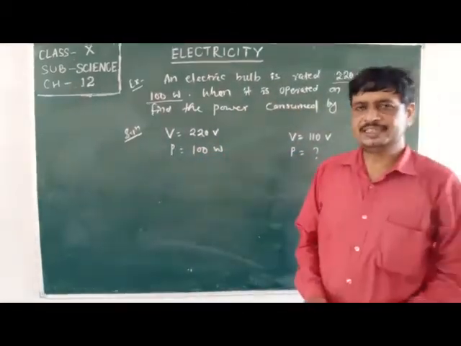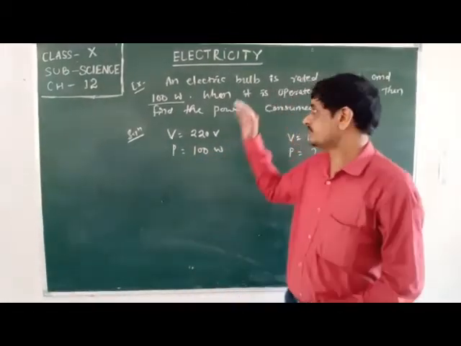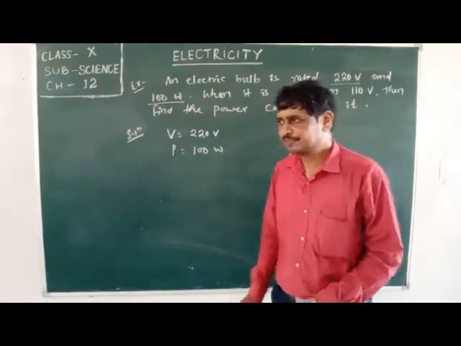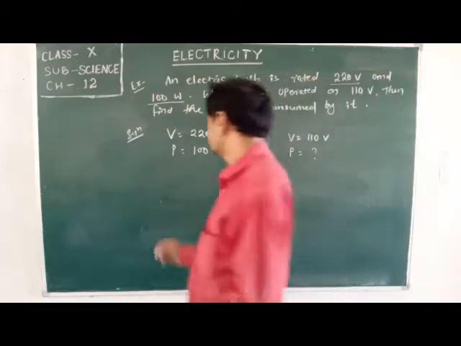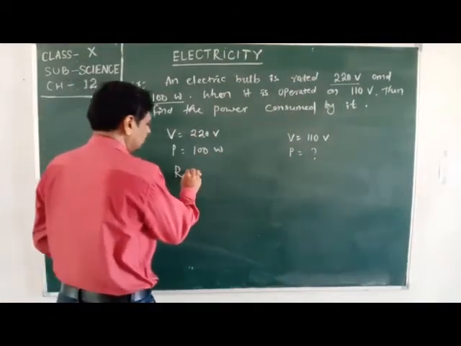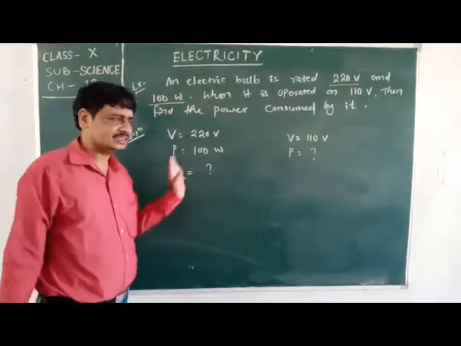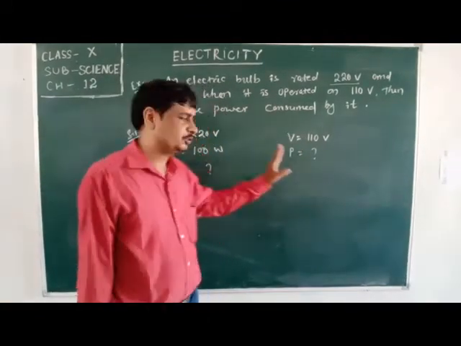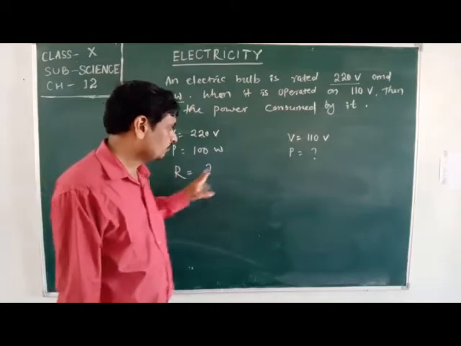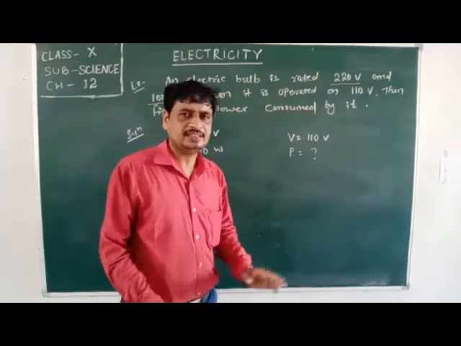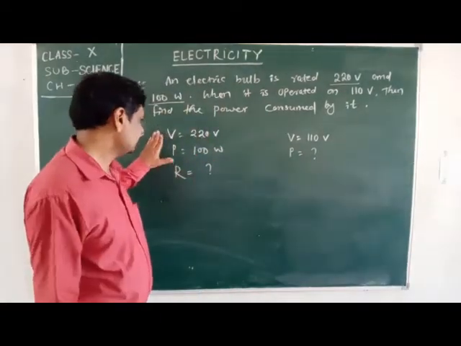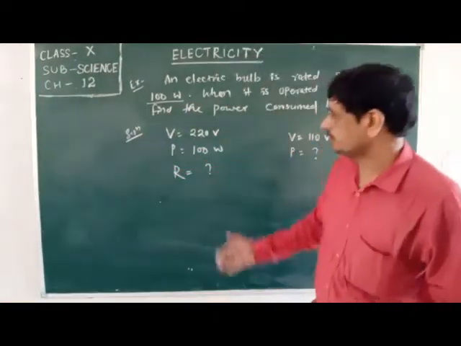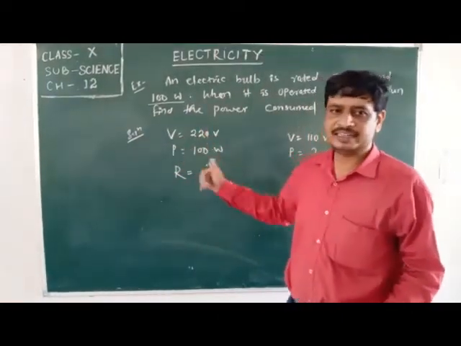But one quantity remains constant because it is the same bulb operated on two different sources, that is resistance. So first we find the resistance, then we put the resistance in and find the relation between potential difference, power and resistance.